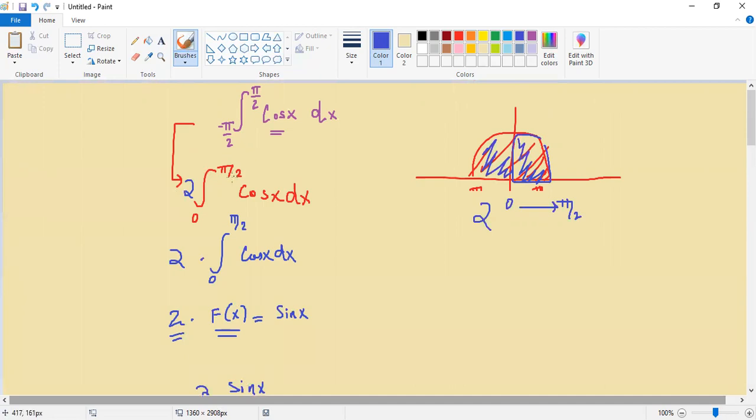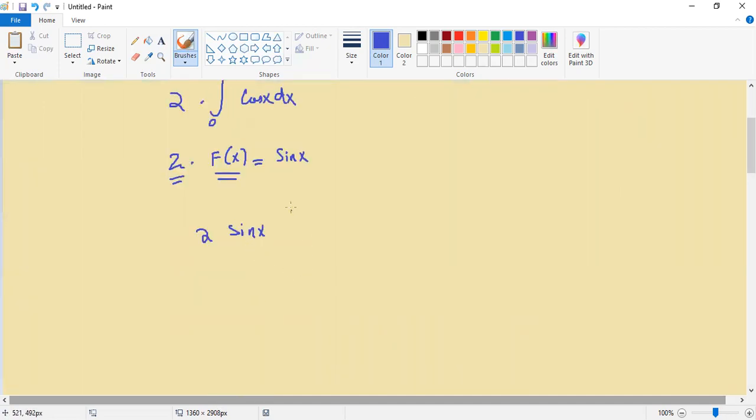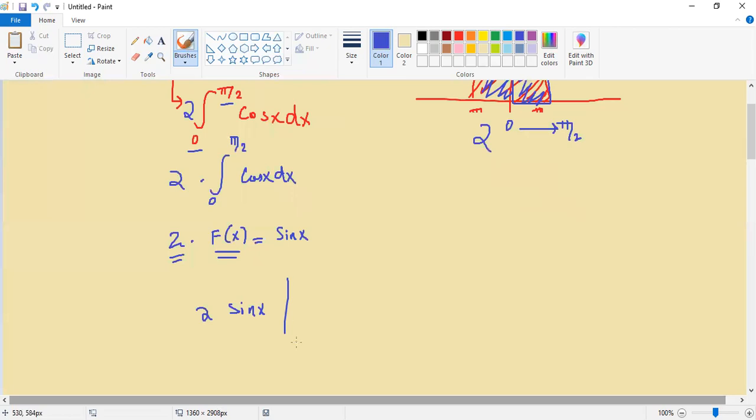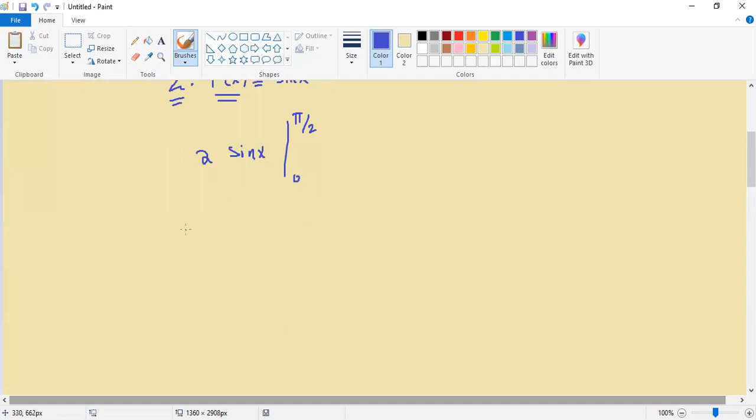And then, as we mentioned before, we will evaluate for this particular region. We want to take the antiderivative, big F, and plug in the upper bound minus the lower bound.